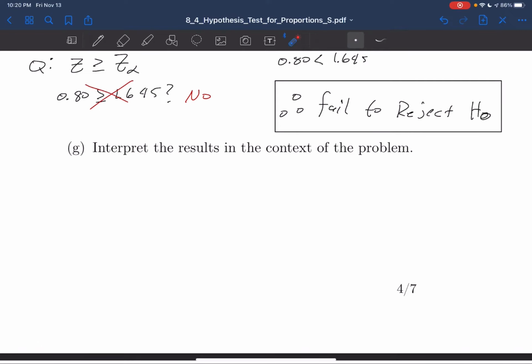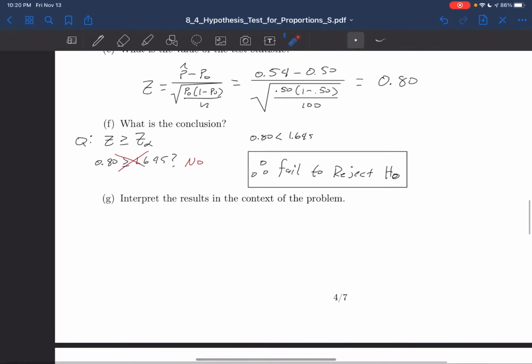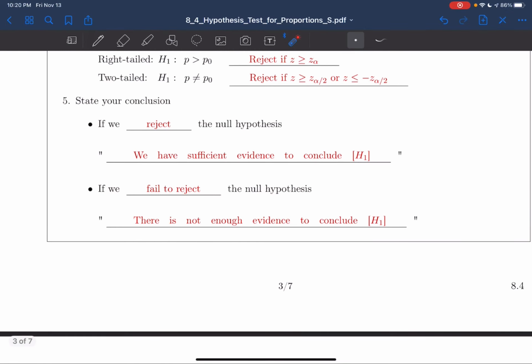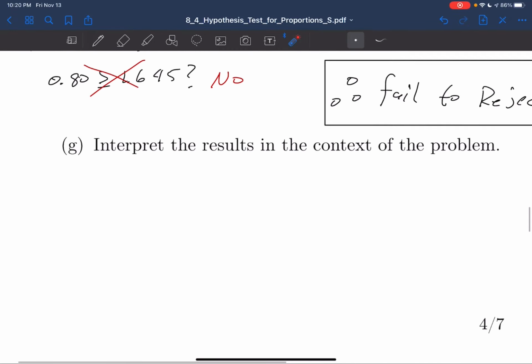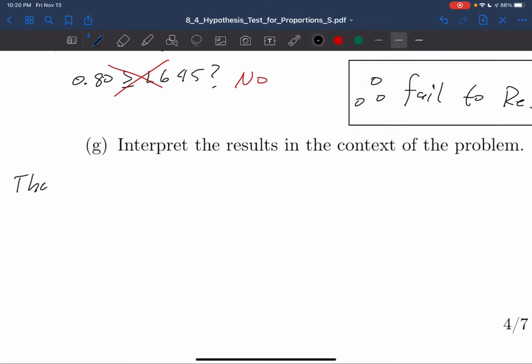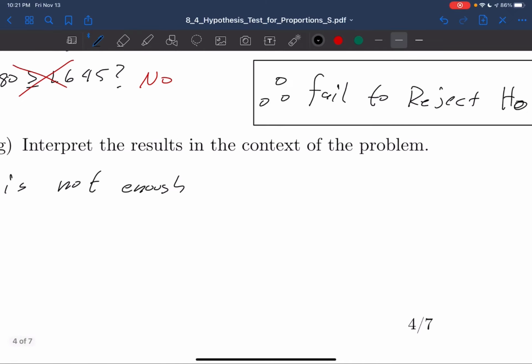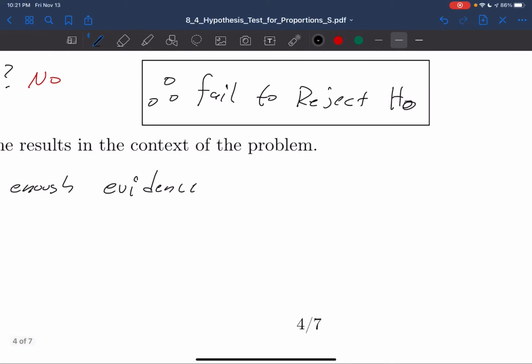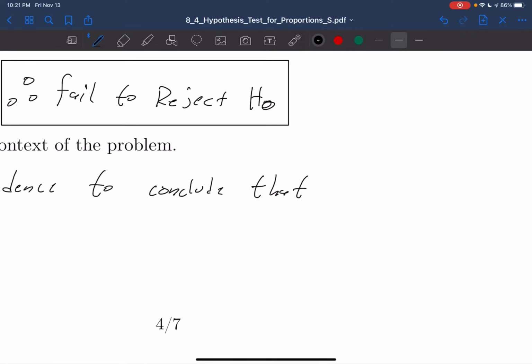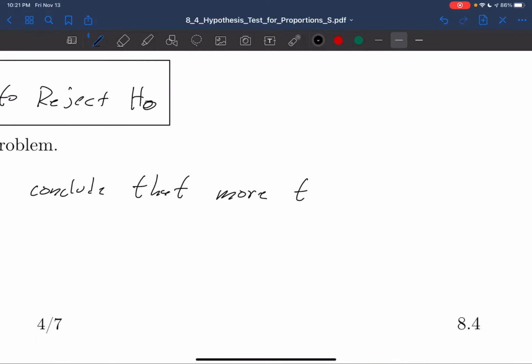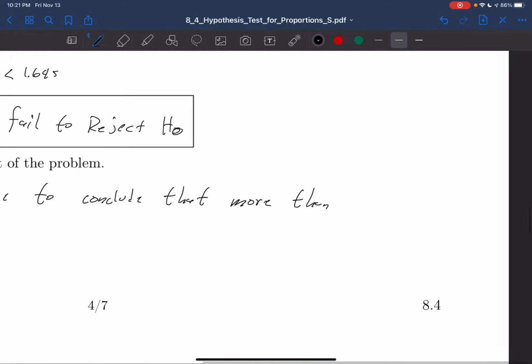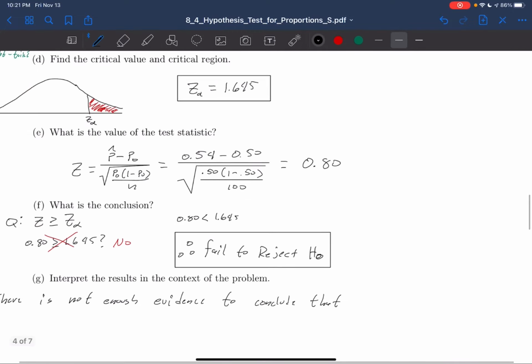Since we fail to reject our null hypothesis, we could say that there is not enough evidence to conclude, and then we state our alternative hypothesis.